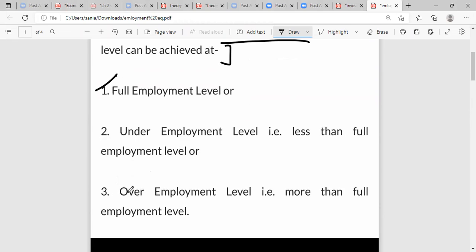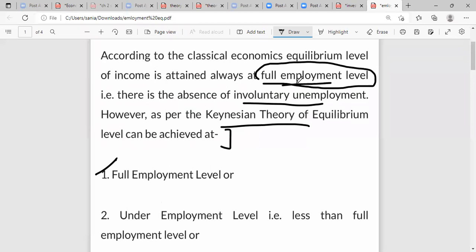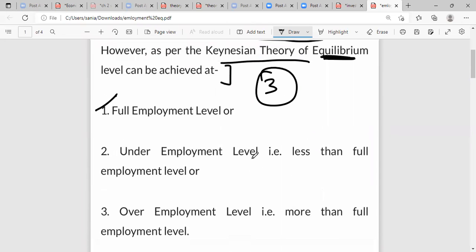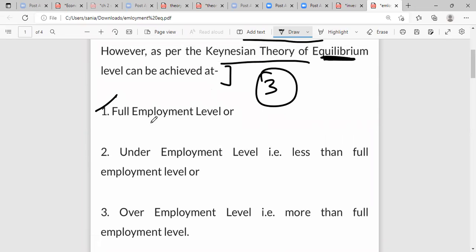And third is overemployment level, which is more than full employment level. Clear? So the economists only gave this one condition, but Keynes gave three conditions at which you can get equilibrium in context of employment. So write it down: Keynes and then these three things.